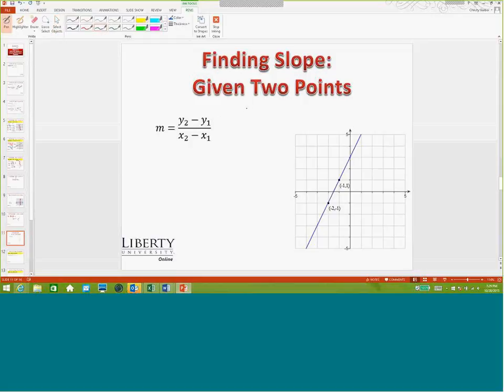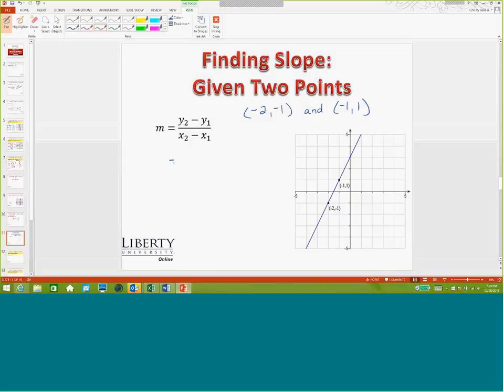What if we just know the points and we don't have the graph? We're just given the points -2, -1, and 1, 1. Well, again, remember slope is how y is changing compared to how x is changing. So what we want to do, using the y values in my points given, is just subtract them, because the change in y is just the difference between the y coordinates.